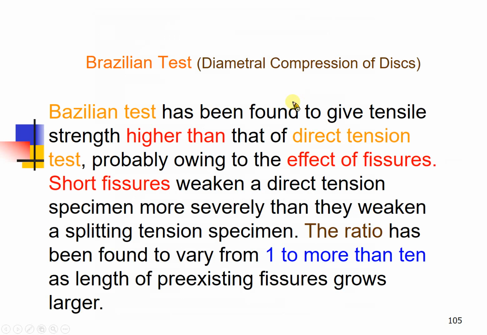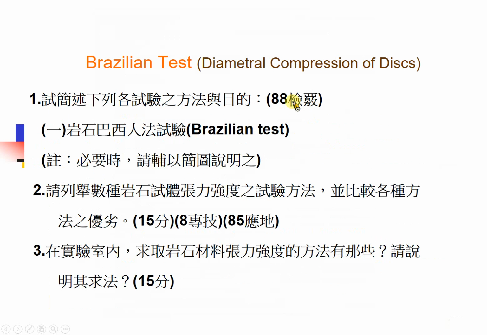Usually the Brazilian test will give a slightly higher tensile strength than the direct tension test, because the fractures within the specimen have a larger influence on the tensile strength of rocks. In the direct tension test, the pre-existing fractures have a larger influence than in the Brazilian test, so the tensile strength from the direct tension test is slightly smaller than from the Brazilian test.